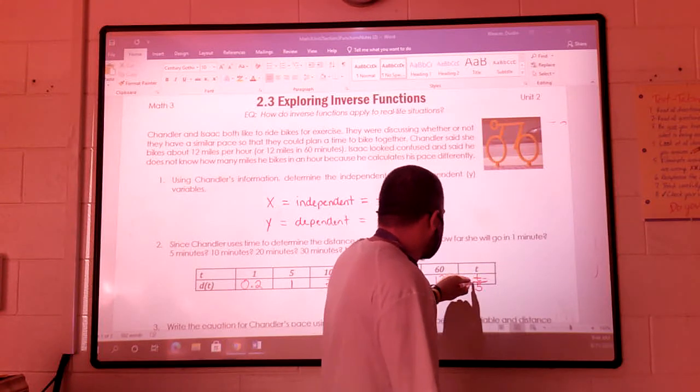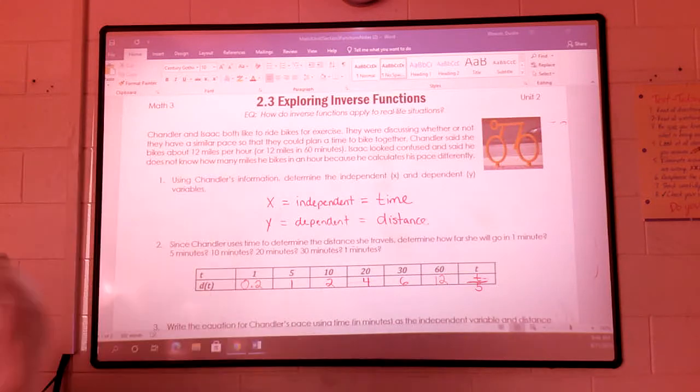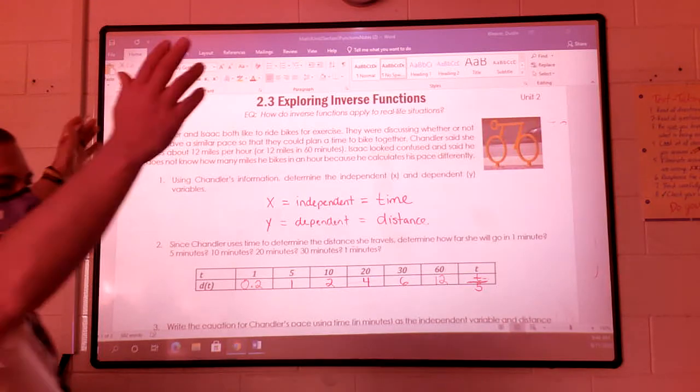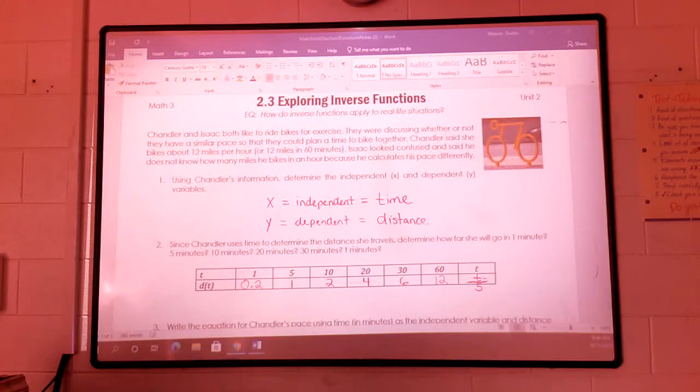That's the formula that we use. Time divided by 5. And if you know that Chandler biked for 100 minutes, then you know that's 20 miles, because 100 divided by 5. So you can figure out how far she biked depending on the number of minutes, or the time. Okay? So that is the first thing.